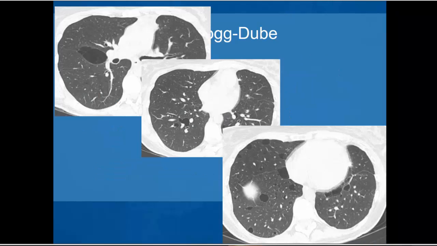So here's an example of that. We see an elongated cyst occurring right along the fissure. And again, these are lower lung predominant. So individually, these cysts look similar to the ones you see in LAM because they're nice, clean, well-defined, very thin-walled. They're not bizarre looking the way you would see in PLCH.